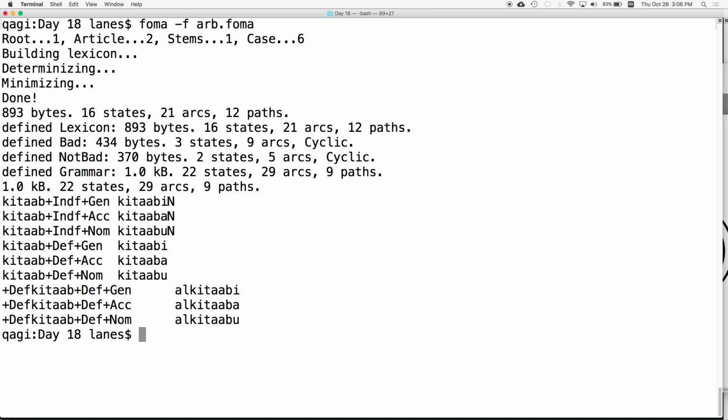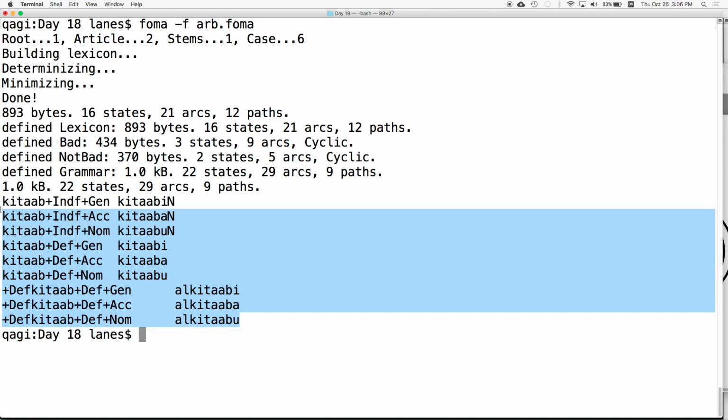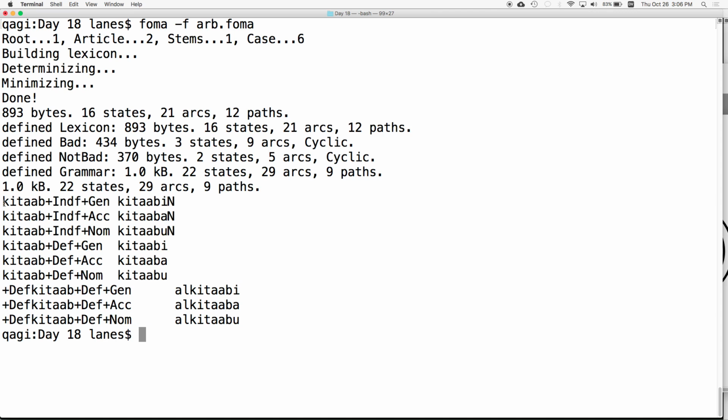Okay, so now let's look at the resulting things that we've got. We've got things with indefinite markers, things with definite markers, things with two definite markers, but we don't have indefinite and indefinite mixed together. So that's good.